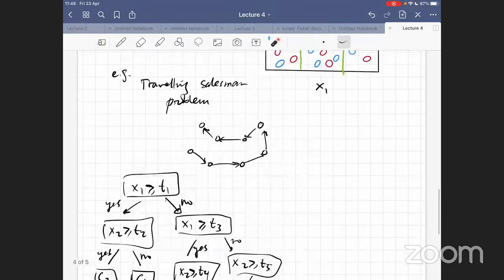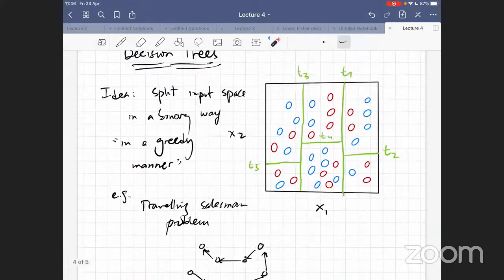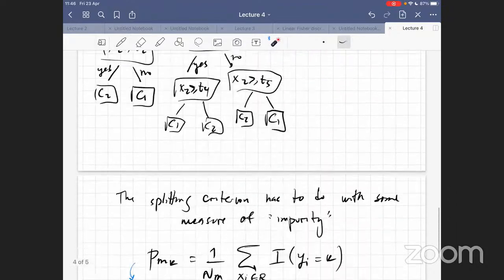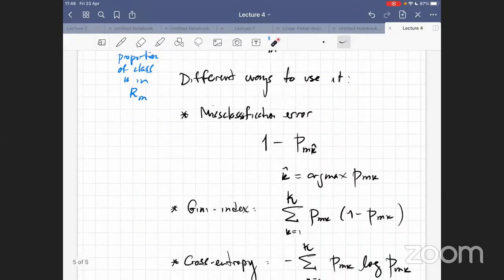If I decide, let's say I am evaluating whether I do split here or not. If I evaluate the split here or not, I am already defining this region and this region. This region will have a purity, this other region will have another purity. If I combine these in the way Gini does, then I get a value for Gini.